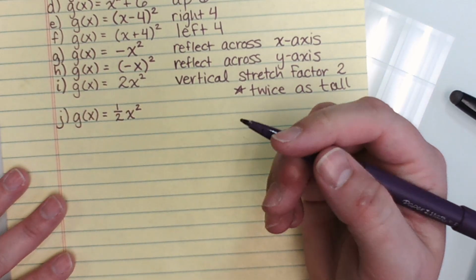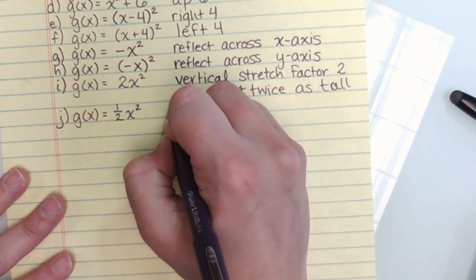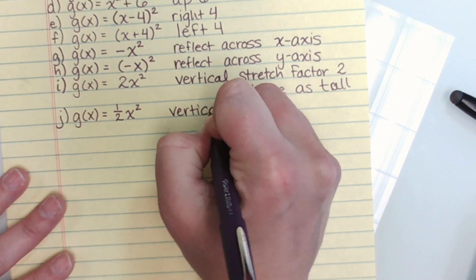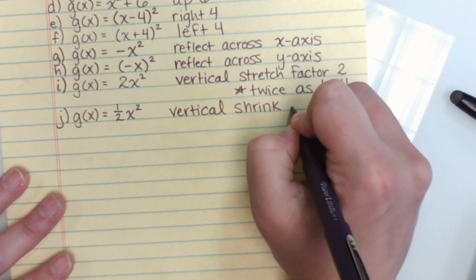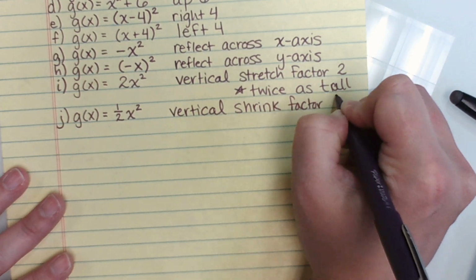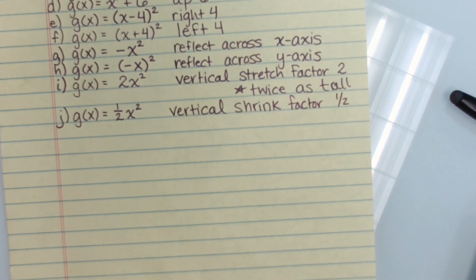Our book commonly uses shrink or compression, but specifically it's a vertical shrink, and it's a factor of 1/2.